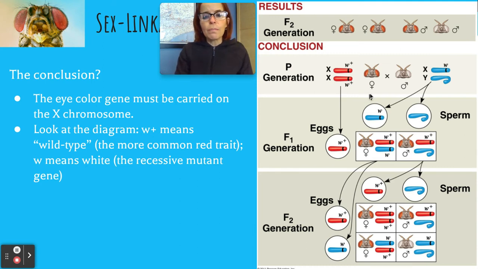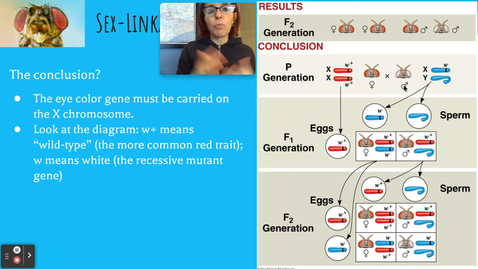So here's a female, and she has 2 X chromosomes, just like human females. And on these X chromosomes, she was carrying the wild type dominant red eye trait. So she's homozygous dominant. The male, it turns out, it wasn't carried on the Y chromosome, it was carried on his X chromosome, and he had the recessive white-eyed trait.